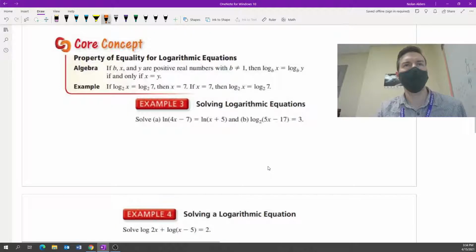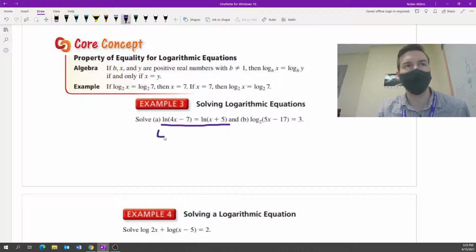Alright, scrolling down, we're going to look at some different tricks here. So notice with this part A, we have natural logs on both sides of the equation. So whatever's inside that natural log has to be equal on both sides for the equation to be equal.